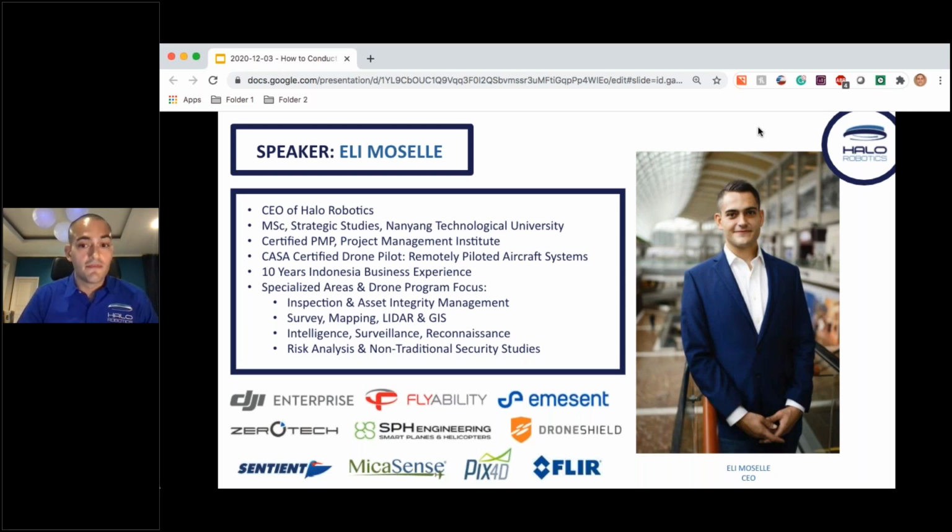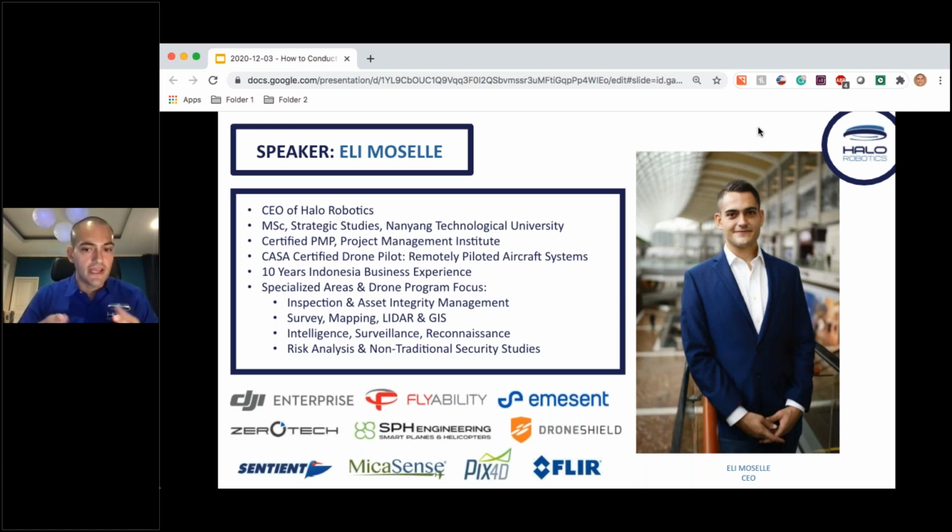Some of the other areas that Halo Robotics works in: a very key focus is inspection and asset integrity management, but we also do work across every industry in every drone vertical where drones are able to support efficiency and safety.